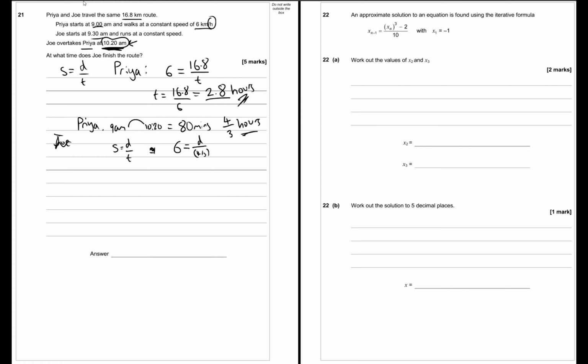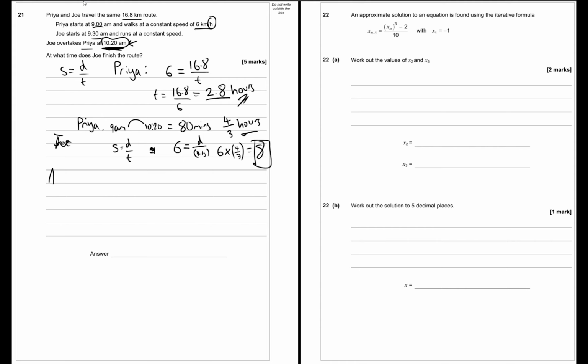Let's rearrange this to get distance. So we're going to get 6 times 4 over 3, which is 8. That's a nice round number.